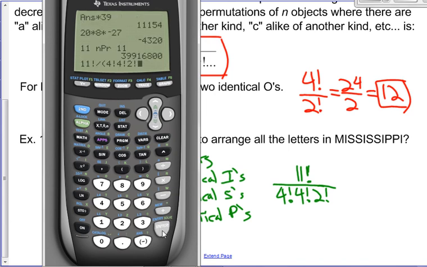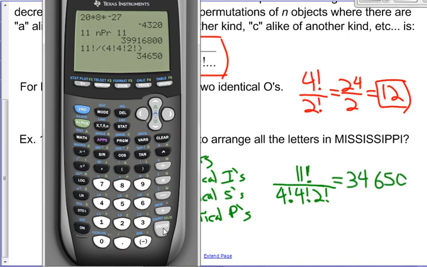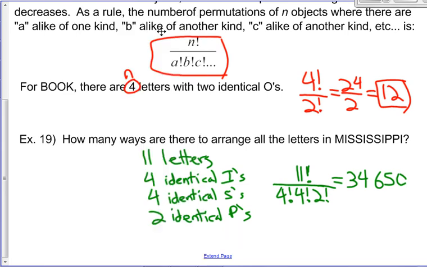So that might save you a second here. Okay. Let's see what it gives us. 34,650. Wow, that is a big, big difference from 40 million down to 34,000. So that's how we deal with some of these permutation questions with identical objects, and that's actually where the combination formula comes from.